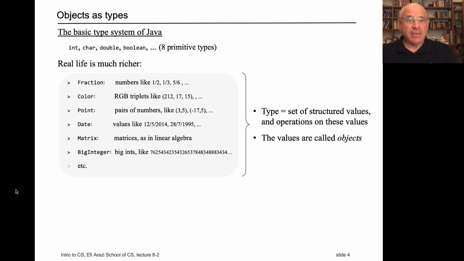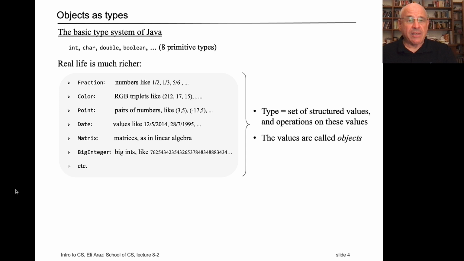And if you want to be formal about it, any one of these objects is an example or an instance, or in Hebrew, דוגמה or מופע, of a general data type, and the data type is typically defined as a set of possible values. These values may be structured in the sense that they are actually buckets of values, or aggregates of values, and operations that I can perform on these values.